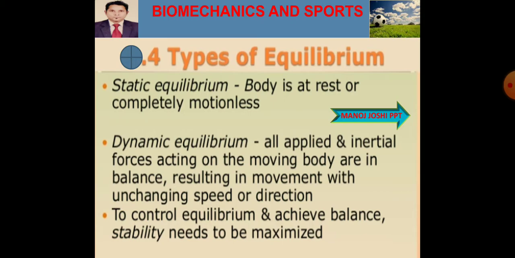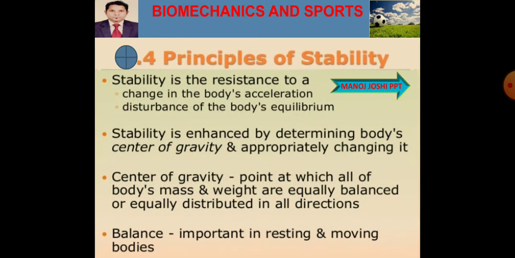The principles of stability. Stability is the resistance to a change in the body's acceleration, or disturbance of the body's equilibrium. Stability is enhanced by determining the body's center of gravity and appropriately changing it. What is center of gravity? That is the point at which all of the body's mass and weight are equally balanced.